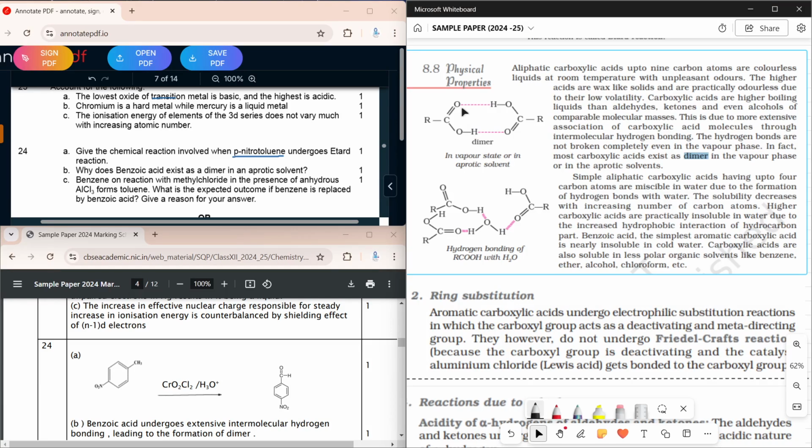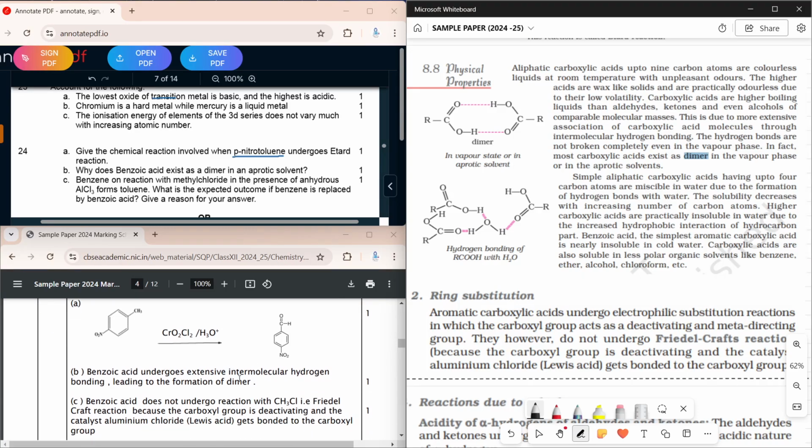Intermolecular hydrogen bonding exists between two different molecules, and in this case, you have an intermolecular hydrogen bond between this O and the H, and then another H and O. Because of this, it likes to stay as a dimer. So as long as you mention the fact that it undergoes intermolecular hydrogen bonding, you should be good to go.